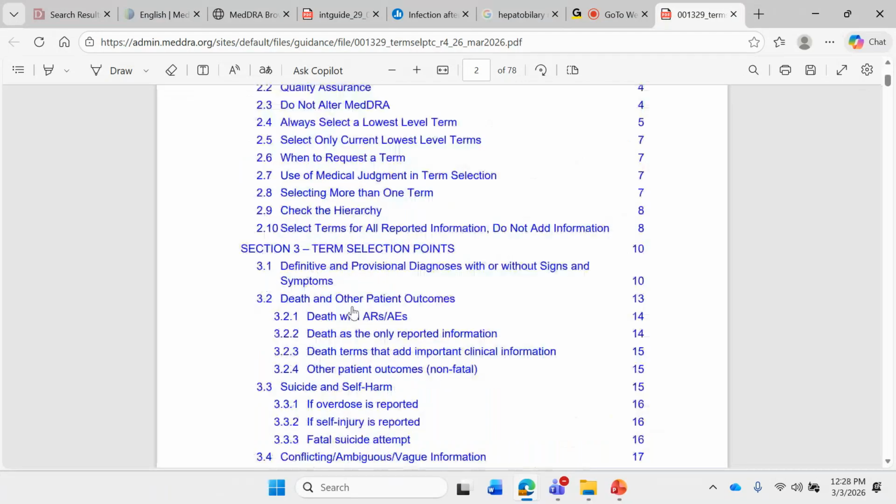Since if they come across this a lot in their reports, for the purposes of the time constraint that we have, you should read the various scenarios: death reported with adverse events, death as the only reported information, death terms that add important clinical information, and other patient outcomes. I would review this section in detail, although we touched upon each of these in various coding examples. So it's a medical judgment in the end.